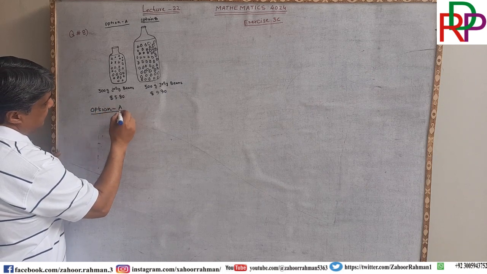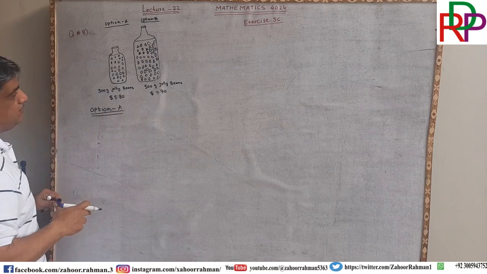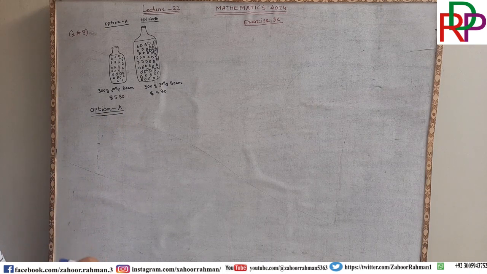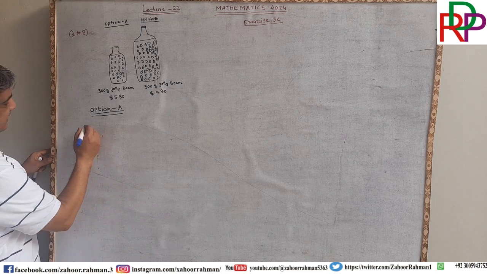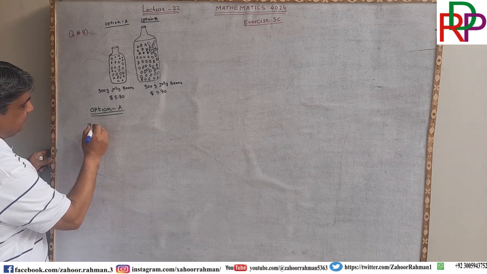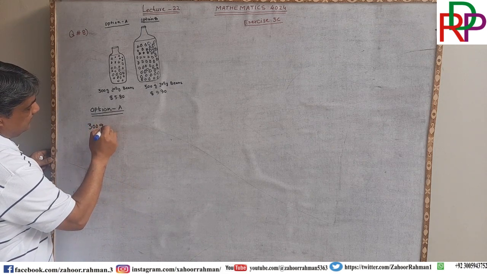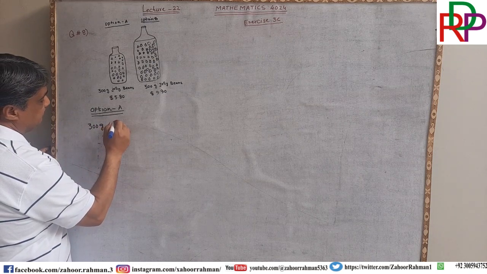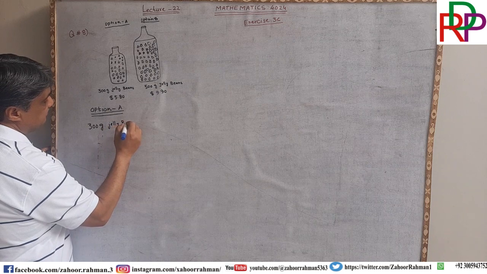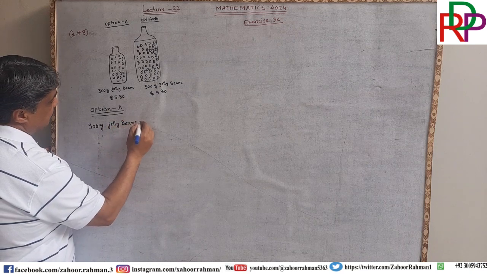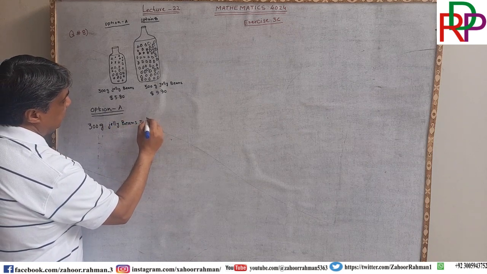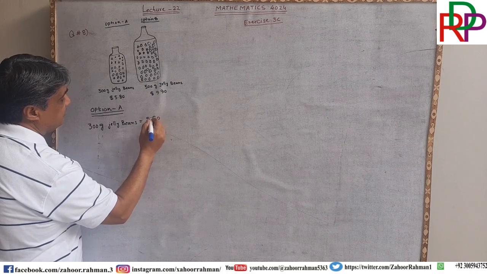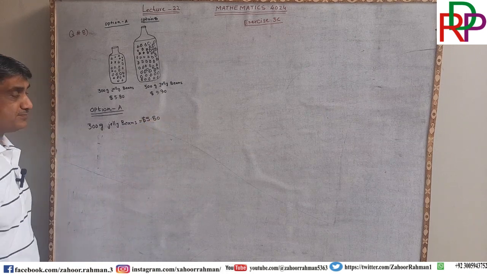And if we are going to talk about option A, let us say that 300 gram of jelly beans is equal to $5.80.